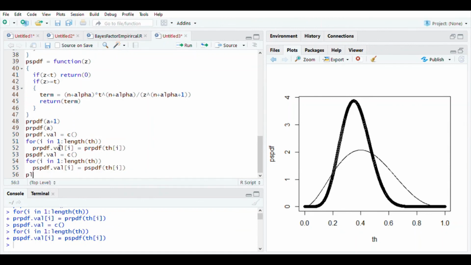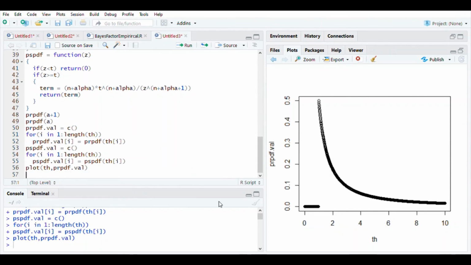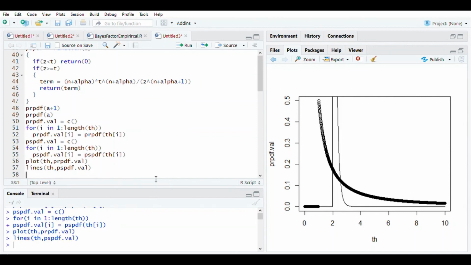Okay, now let us try to plot them. Notice that this is the 0 part. You can simply ignore it. And now lines. So this is the advantage of using RStudio. It works, saves your time.